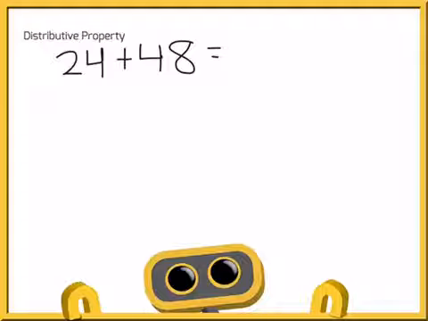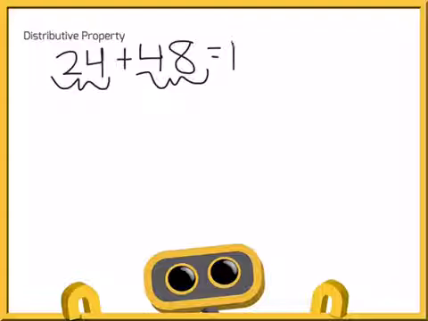This is an addition problem, and you made it into a multiplication problem. You cannot do that. So if you're trying to find the distributive property, you cannot just decompose in an addition problem. You cannot just decompose one of the numbers. What you can do is take out a common factor that both 24 and 48 share. So 24 and 48 both share a factor of 12.